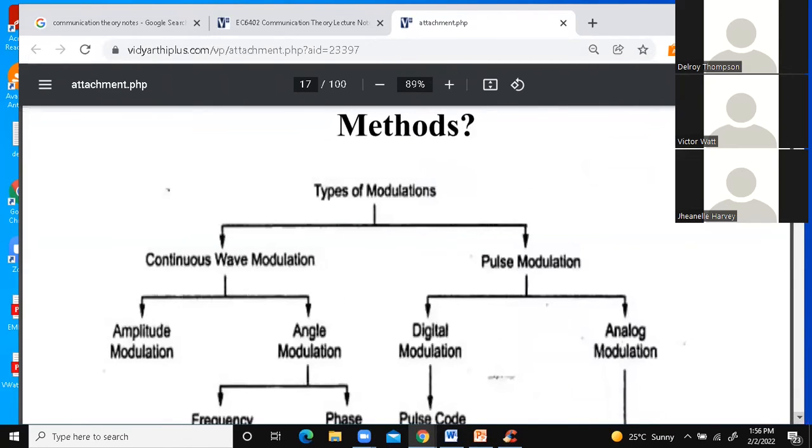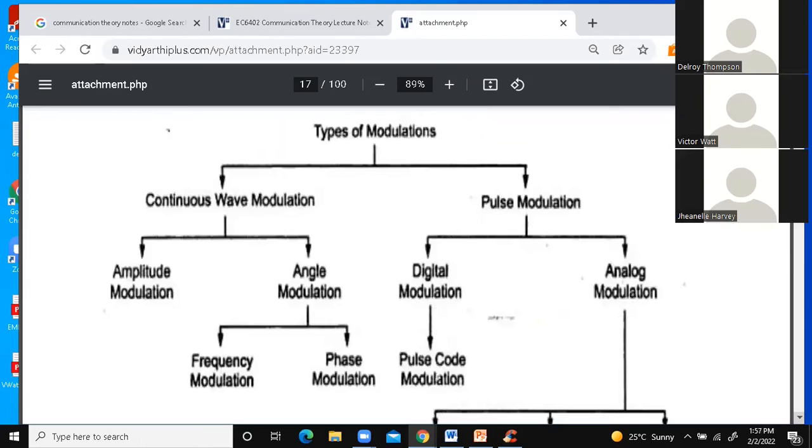The method. Basically, there are three ways to do it, and we're gonna look at these three ways.